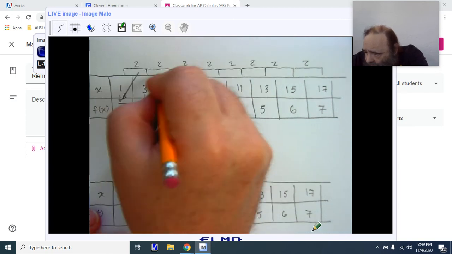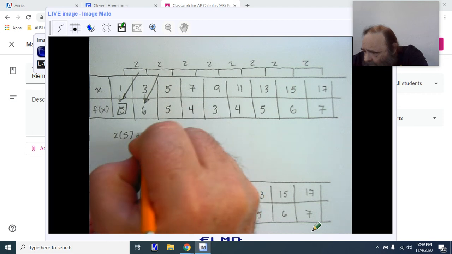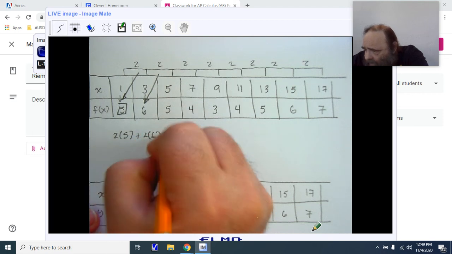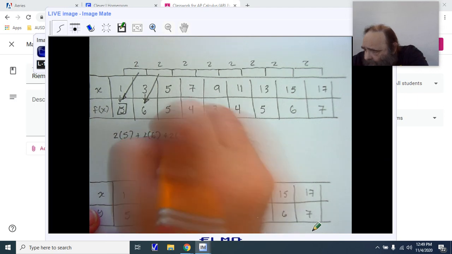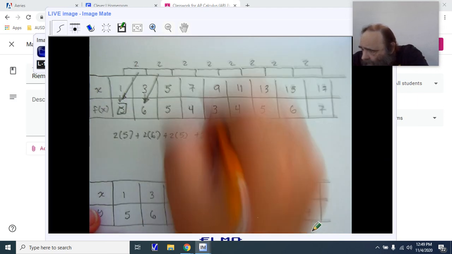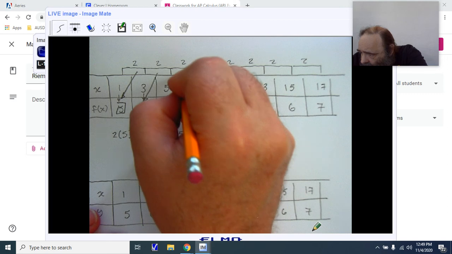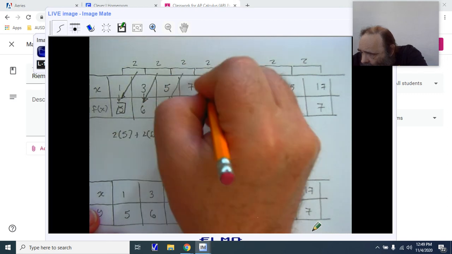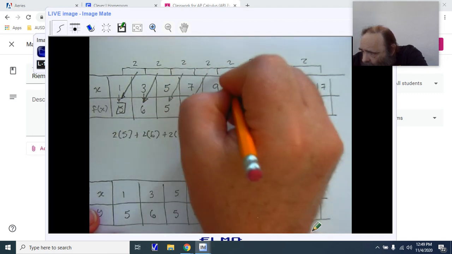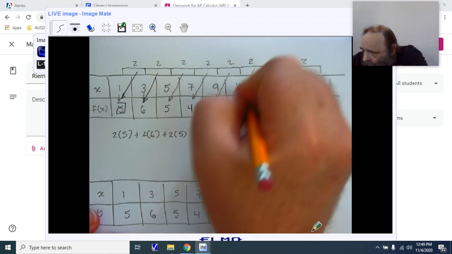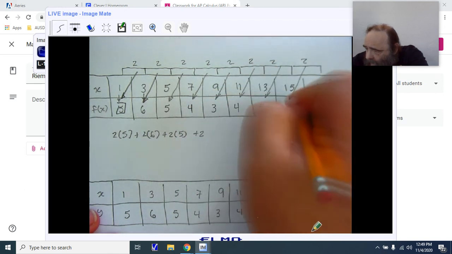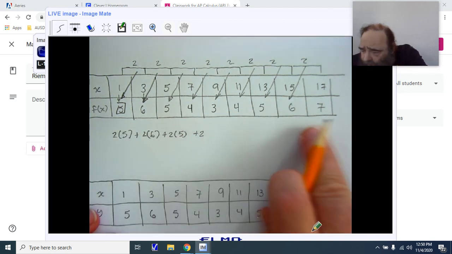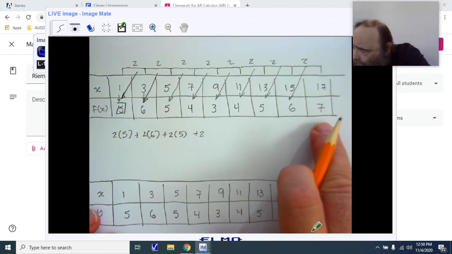Then we're going to continue with 2 times 6, and continue 2 times 5. Notice we're taking the 5 here, 4 here, going all the way down, and we use every value except the last.